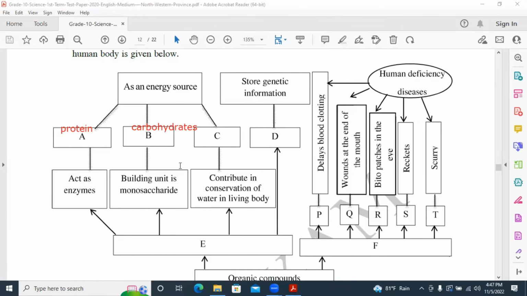Next one, contributing in conservation of water in the living body, answer is lipid. By using the function, we can find what that is. Next one, store genetic information, so that is nucleic acid.